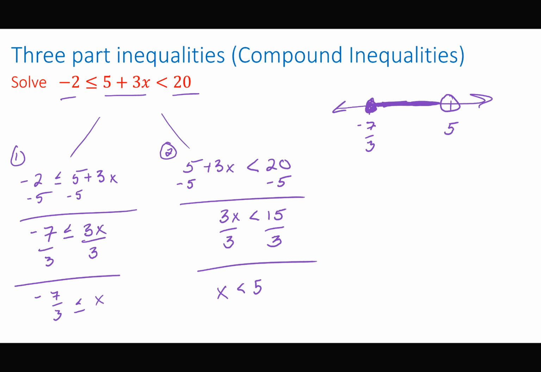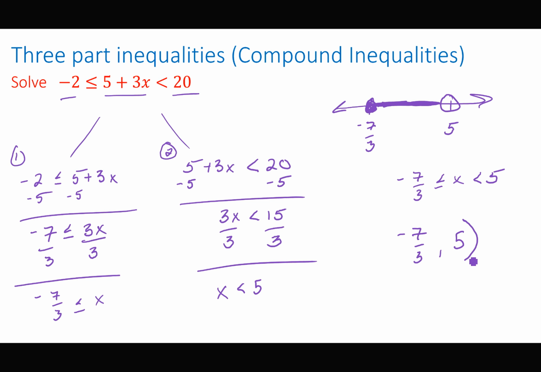So this is what it would look like graphically. If I want to write this all out as one, I could say negative 7/3 has to be less than or equal to x, which is also less than 5. I could rewrite the solution as a compound inequality. And then I can also write it in interval notation: negative 7/3 all the way to 5.